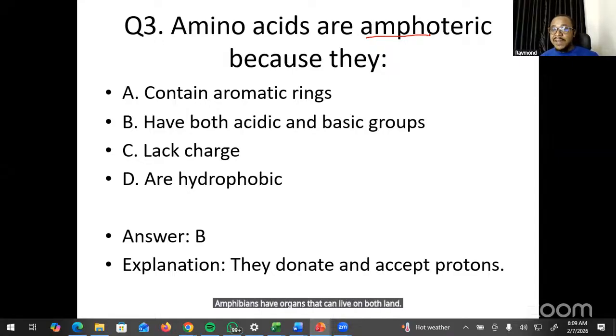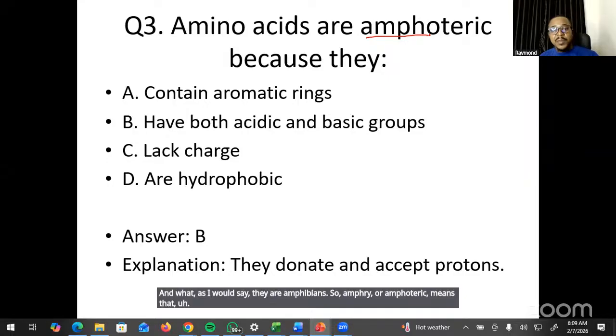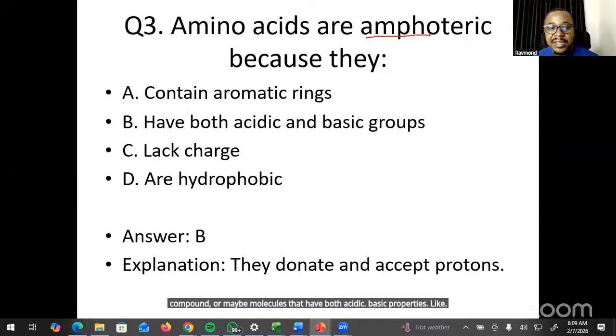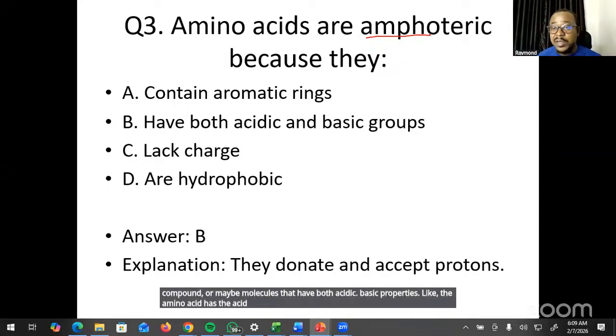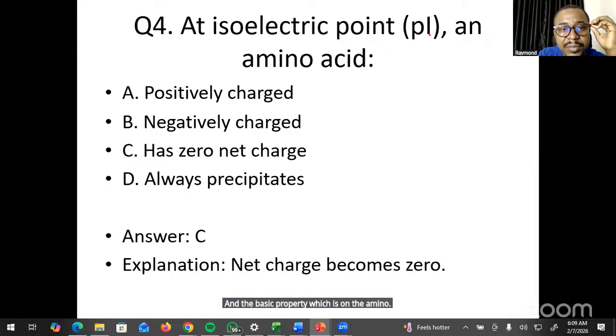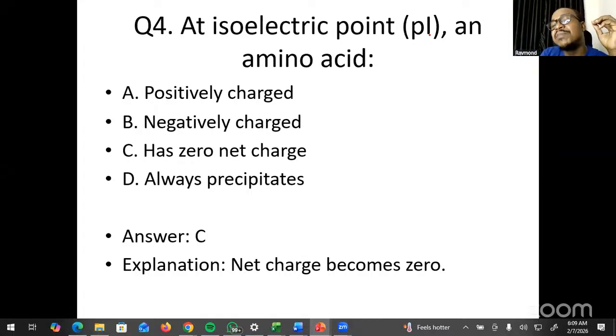So amphi or amphoteric means that a compound or molecule has both acidic and basic properties. Like the amino acid has the acidic property, which is on the carboxyl group, and the basic property, which is on the amino group.